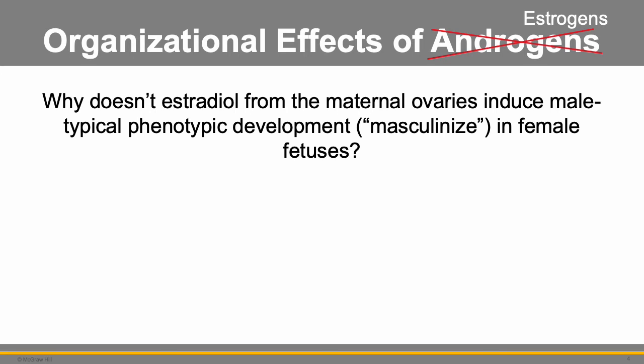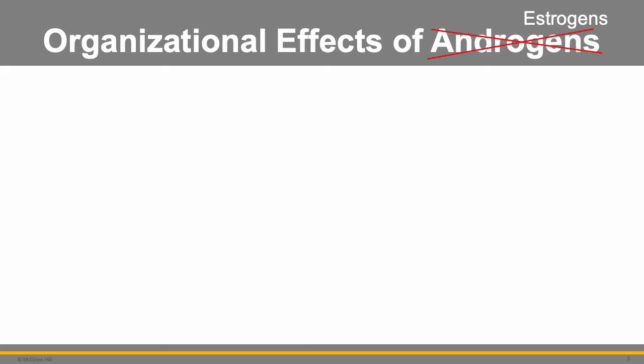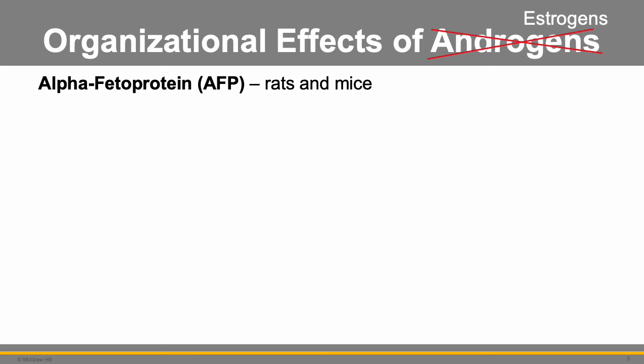But they don't. Why do you think that is? So feel free to pause here to think about that. Then I'm going to move on and discuss what it does. So now that you've had some time to think about it, let's take a look at the mechanism that prevents this from happening.